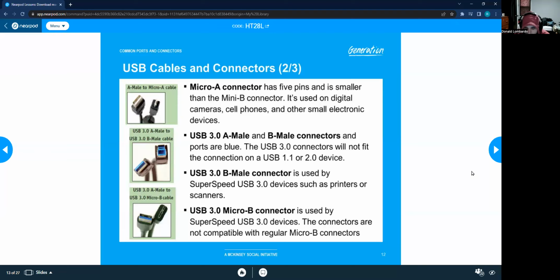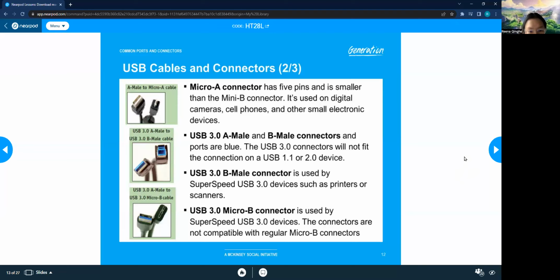All right. Donnie. And Rena, you can go ahead and read now. Thank you. Micro A connector has 5 pins and is smaller than the mini B connector. It's used on digital cameras, cell phones, and other small electronic devices. USB 3.0 A male and B male connectors and ports are blue.